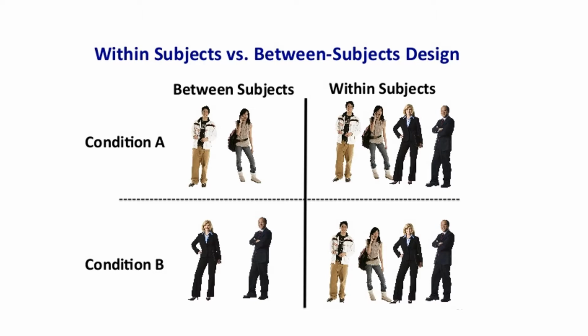In the between subject design, we're going to compare two different groups, the mean of condition A and the mean of condition B. But in the within subject design, the subjects or the participants are exactly the same. So we test them once, and after some time, we test them for the second time. So that's why it's a within subject design. For now, I'm going to focus on the between subject design to analyze data from this type of design using an independent samples t-test.